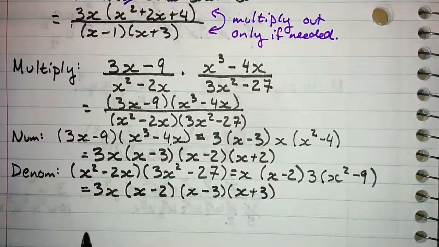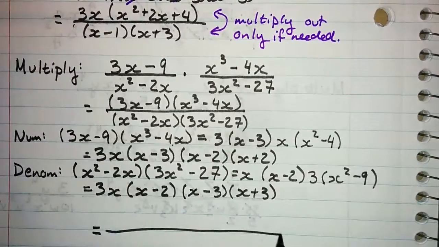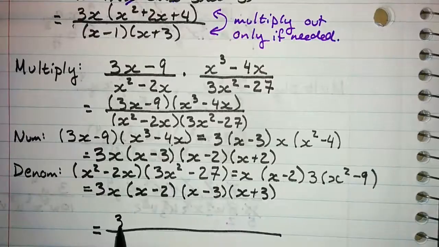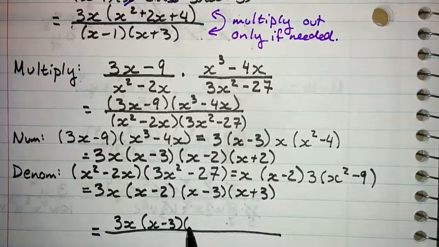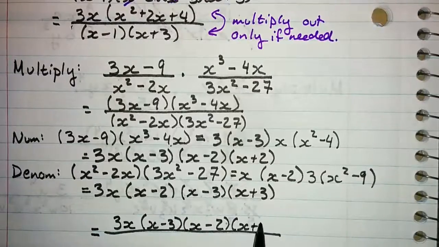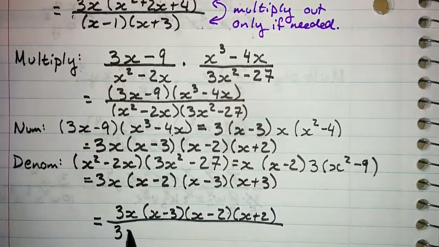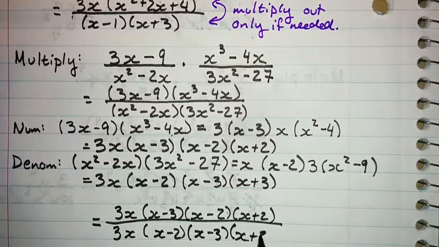What does my original rational expression become then? Its numerator is 3x times x minus 3 times x minus 2 times x plus 2. Its denominator is 3x times x minus 2 times x minus 3 times x plus 3.